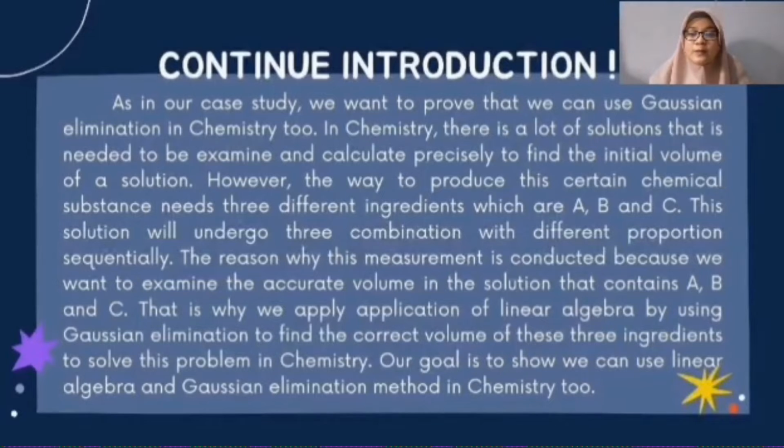The reason why this measurement is conducted is because we want to examine the accurate values in the solution that contains A, B, and C. That is why we apply linear algebra by using Gaussian elimination to find the correct values of these three ingredients to solve this problem in chemistry. Our goal is to show we can use linear algebra and the Gaussian elimination method in chemistry too. And that is all for our introduction.